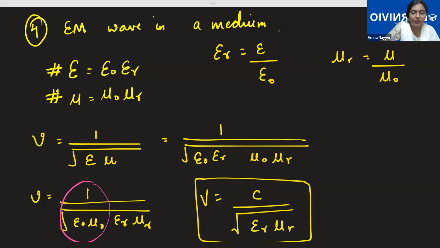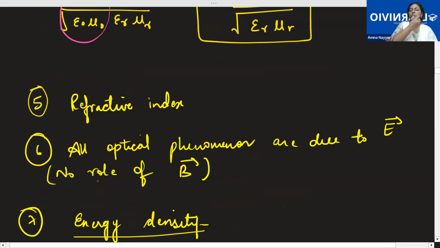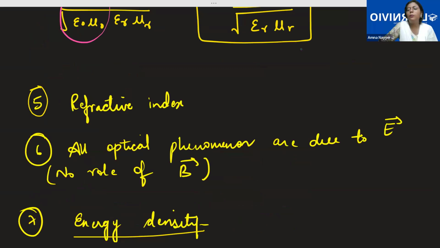Okay, see, for the fifth and the sixth point, these we'll do in the ray optics chapter. Basically, refractive index is a quantity that tells us about the optical density of a material.